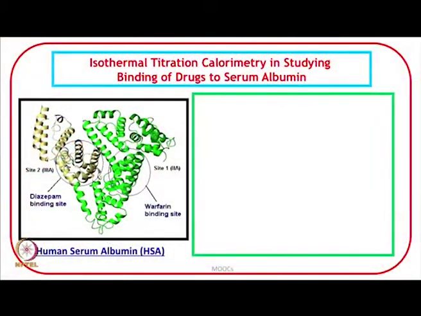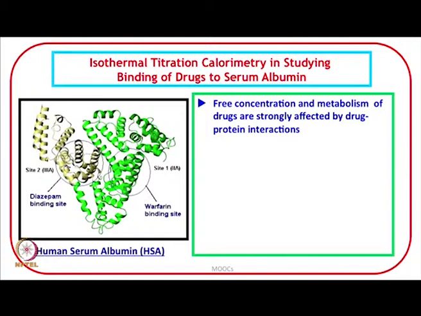So let us take a look at the comments. Free concentration and metabolism of drugs are strongly affected by drug-protein interactions.